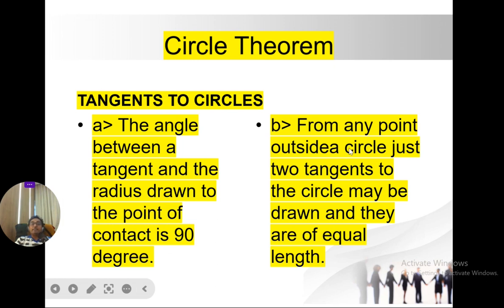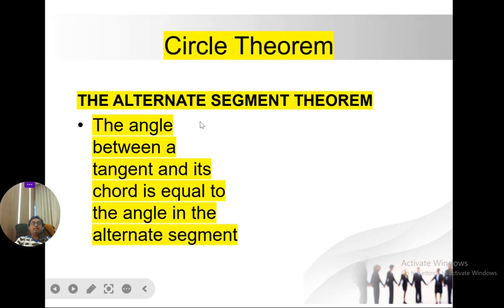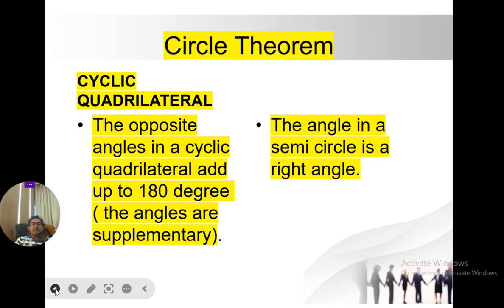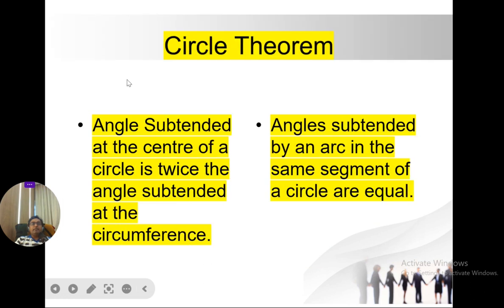From any point outside a circle, just two tangents to the circle may be drawn and they are of equal length. And finally, the alternate segment theorem: the angle between the tangent and its chord is equal to the angle in the alternate segment. So this content we are going to discuss in this presentation.